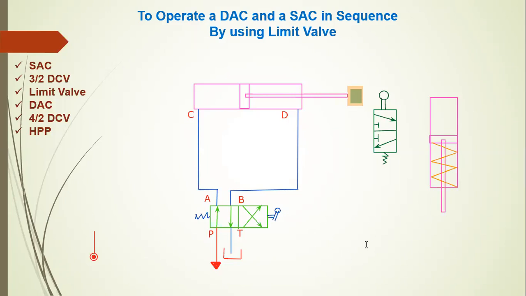Then after that connect the 3x2 to the SAC. Here we have to connect the 3x2 direction control valve to the SAC.